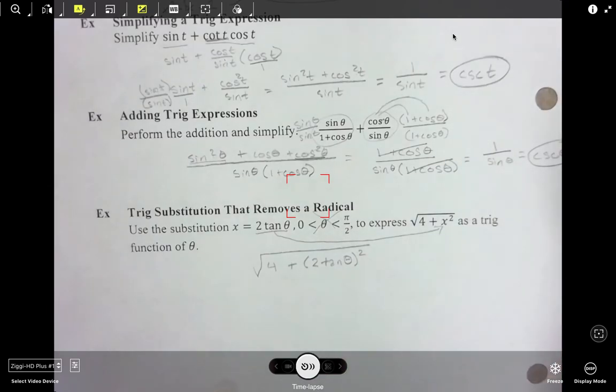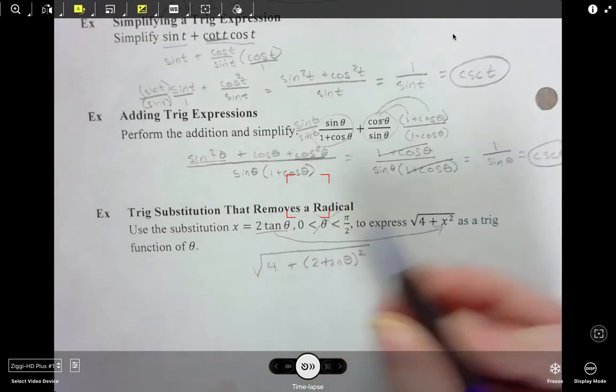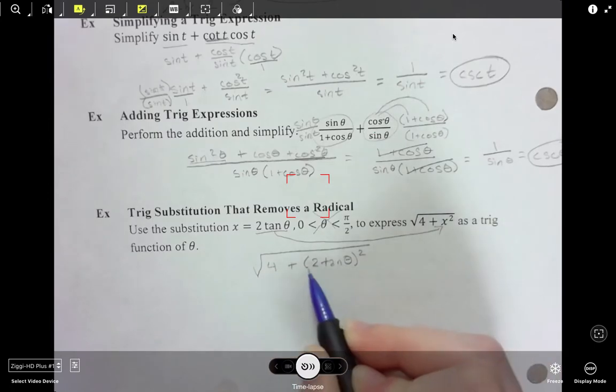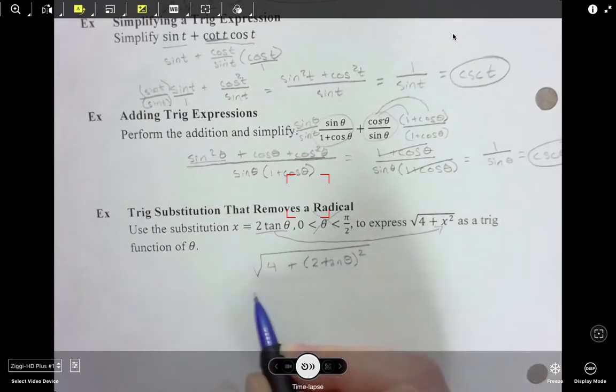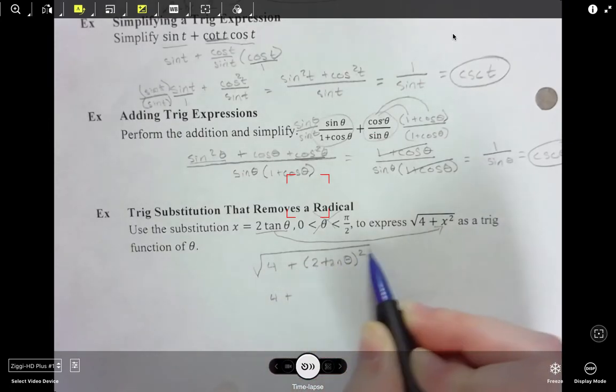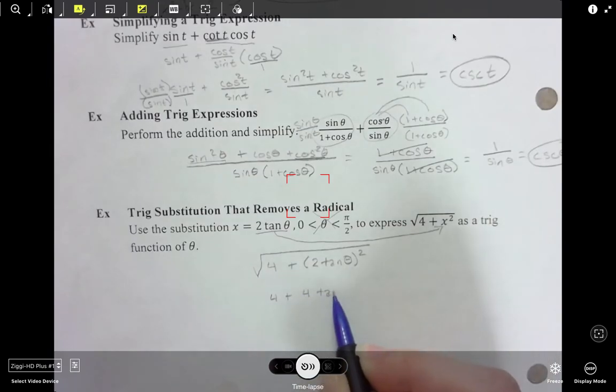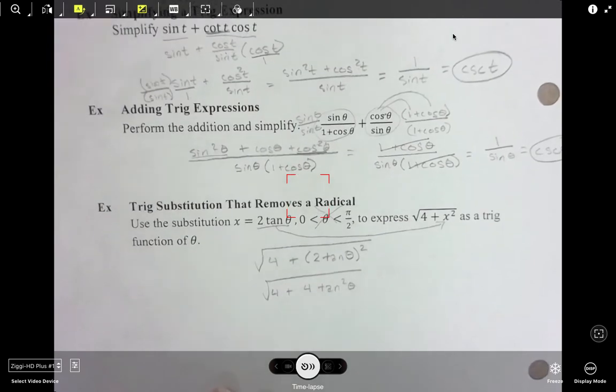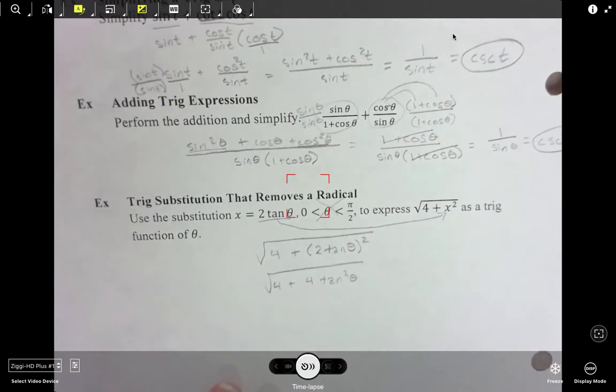What that's going to do for me is get rid of that parentheses by squaring it. So I've got 4 plus 2 squared is 4, and tangent squared is tangent squared theta. I just squared that stuff in parentheses to get rid of it. Now I have 2 pieces, 4 and 4 tangent squared theta.